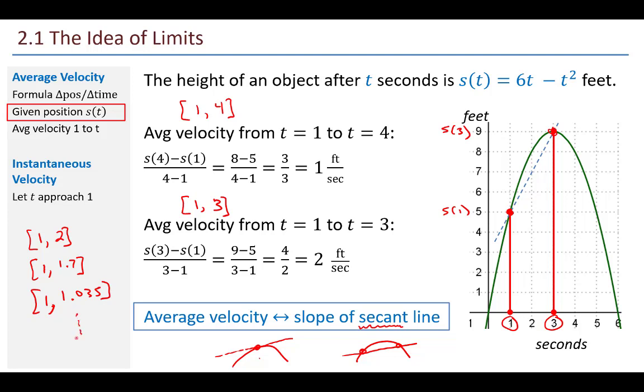We'd have a lot of fun doing all these calculations, but at some point we're going to get tired of this, and we're going to say, wouldn't it be nice just to find the average velocity from 1 to t? Make that right endpoint a variable. Then I'd have a formula that would give me the average velocity from 1 to t. So that's what we'll do next.